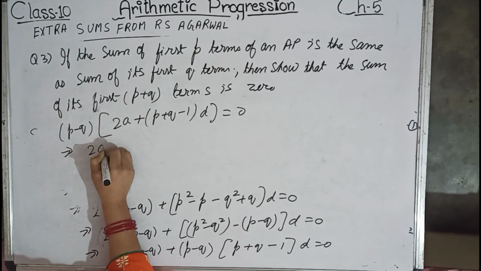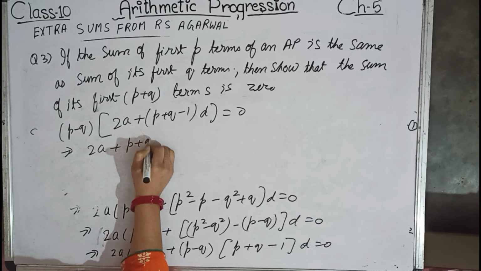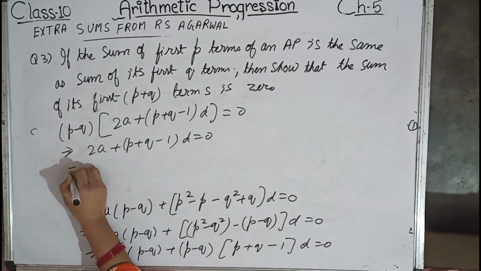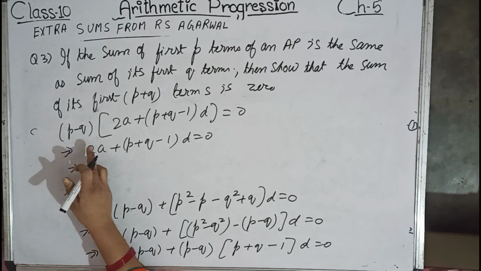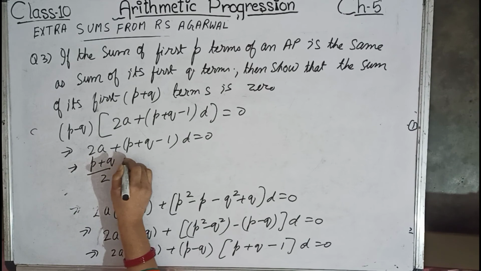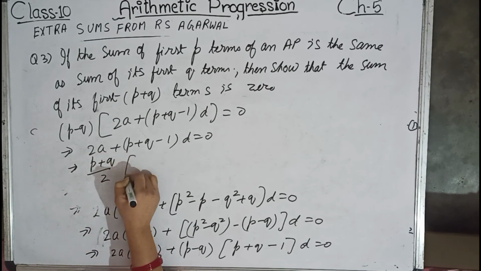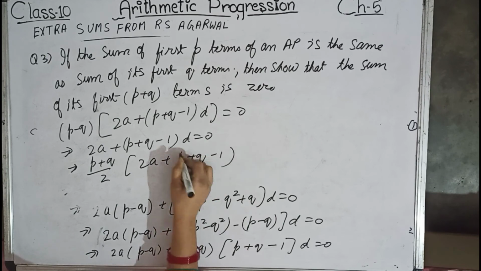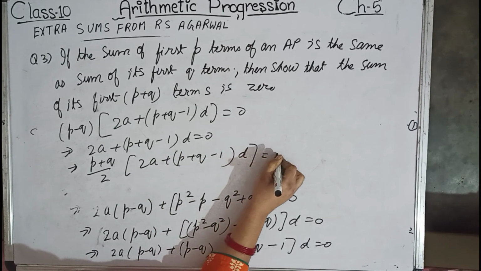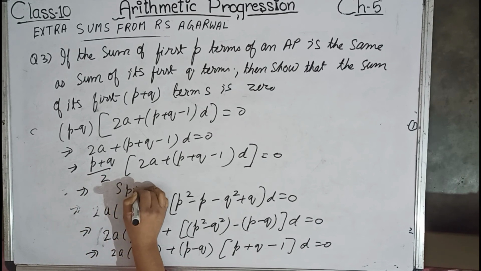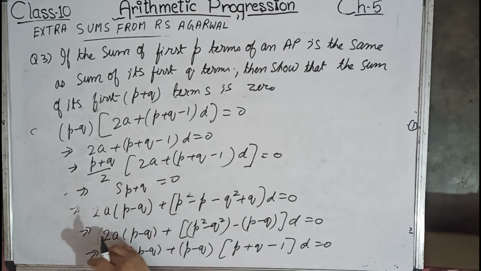So this implies 2a plus p plus q minus 1 into D equals 0. Now this we can write as p plus q by 2 into 2a plus p plus q minus 1 into D equals 0. So this implies S of p plus q equals 0.